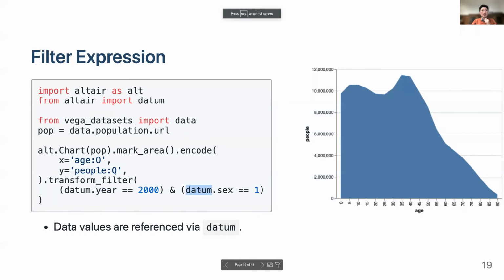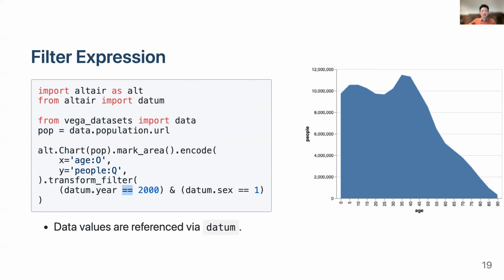So here, the datum, just remember, refers to individual data items, or each individual row. That's like a keyword you have to remember. And this year and sex have to be the columns or attributes you have in the data set. And you can set, say, equal to. This is also something you need to be careful with. For actual equality, you use two equal signs, not a single one.